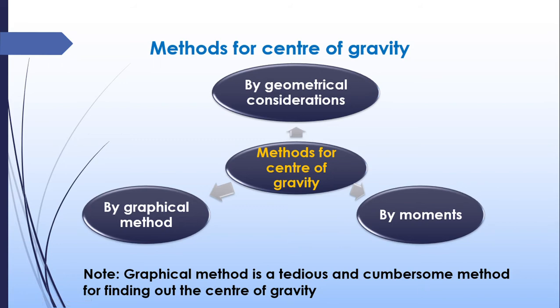So by taking moments also we can find the center of gravity. Third method is the graphical method. It is a very tedious and difficult process, so we will not use this method. We will mostly use these two methods, geometrical considerations as well as moments, to find the center of gravity of a particular body. We will see each of them.